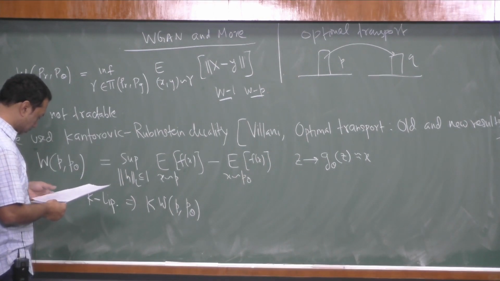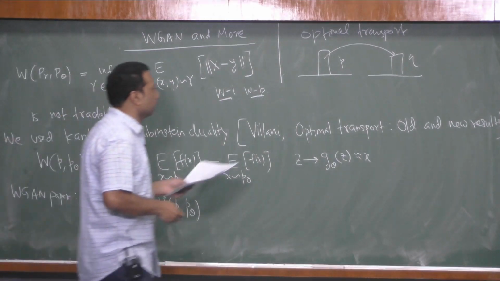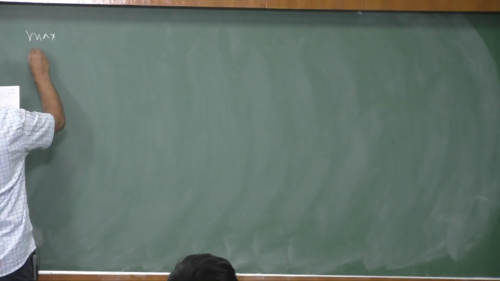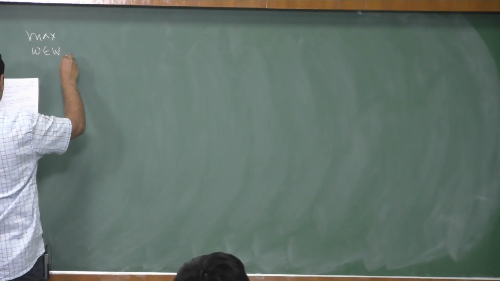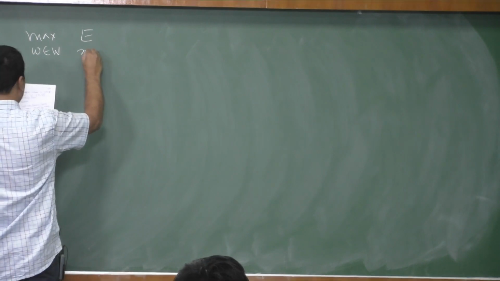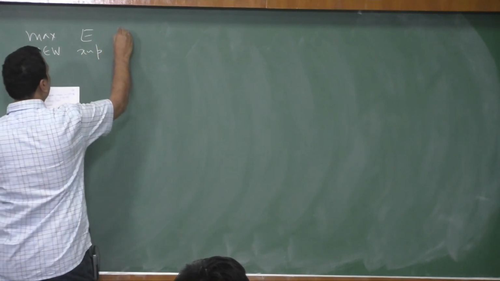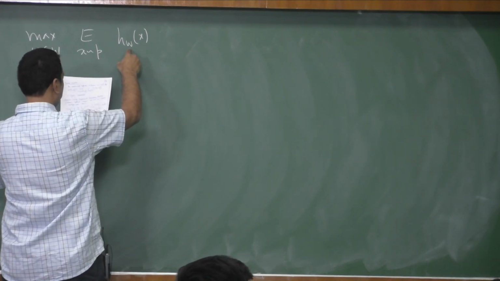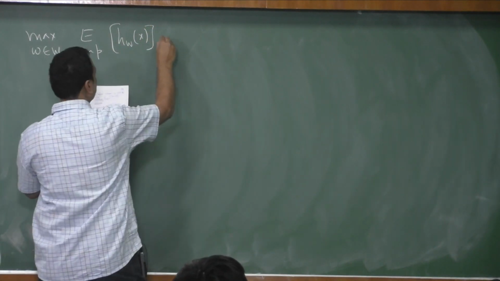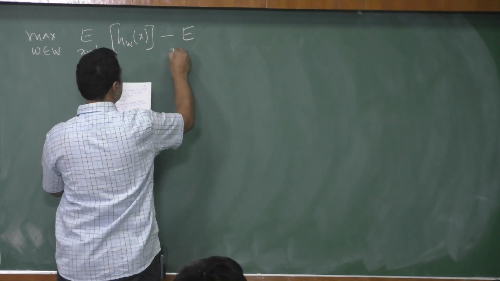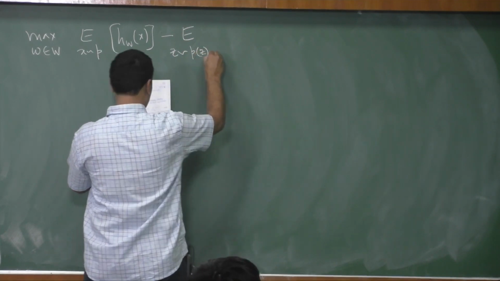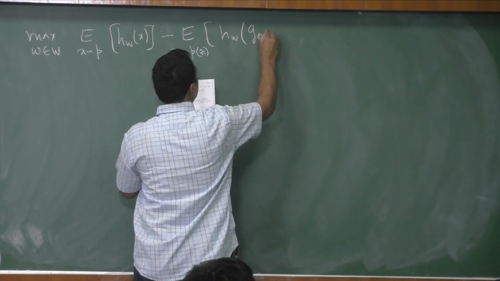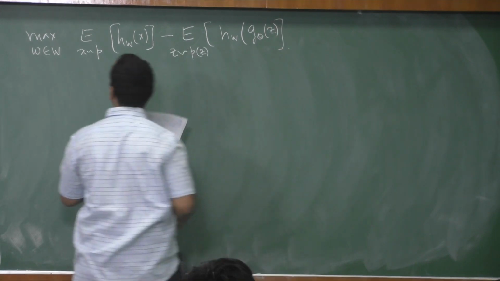What we can say is that we have the max over W of the expectation over x following P_r of h_W(x), where I use some parameterization of f, and h_W is a neural network with W the parameters or weights. Then minus the expectation over z following P_z of h_W(g theta(z)).